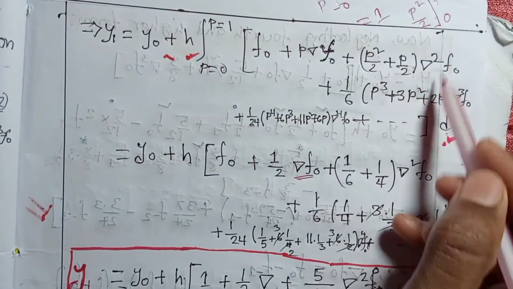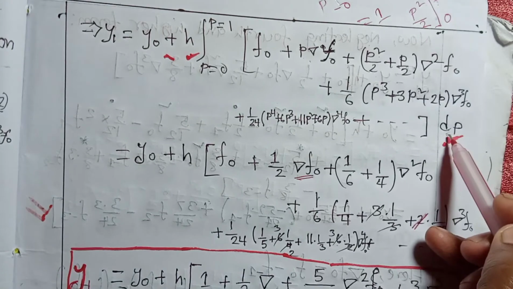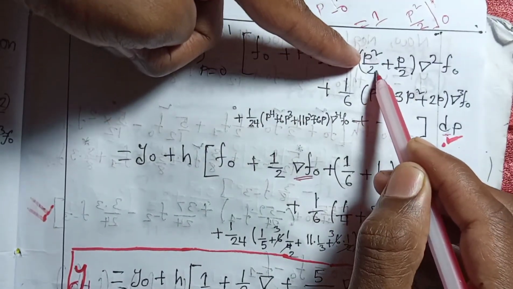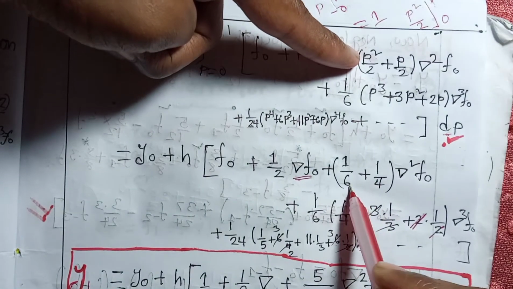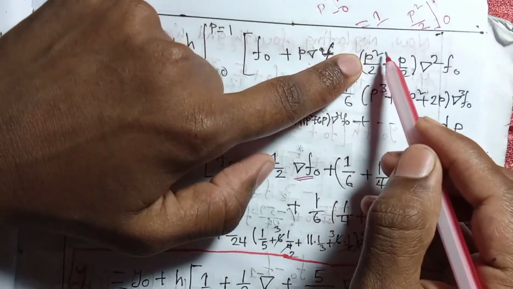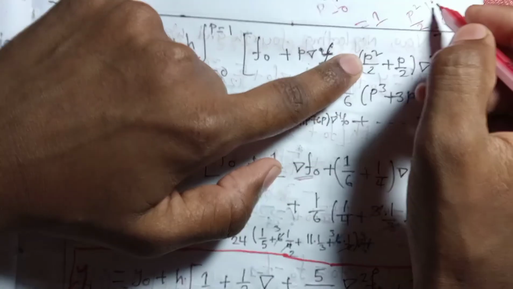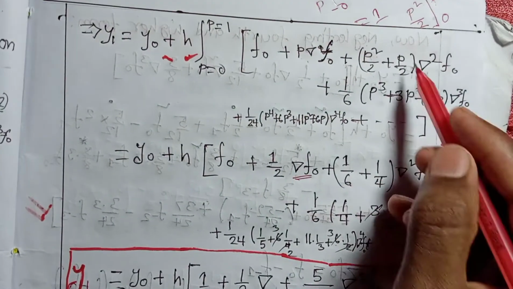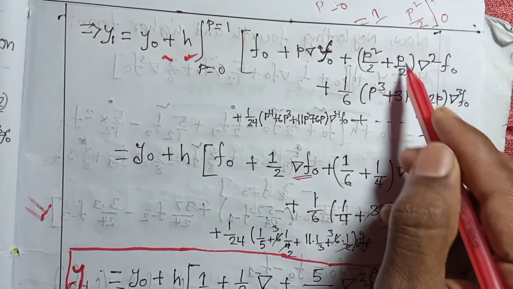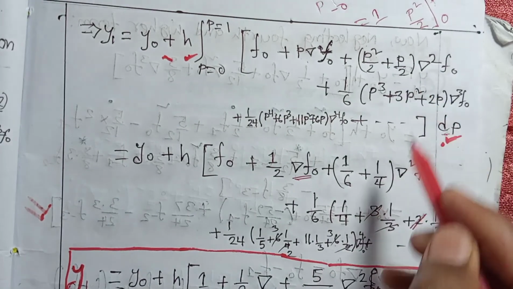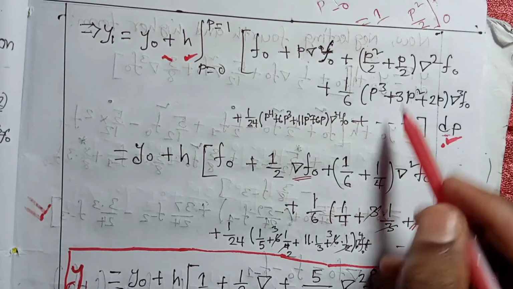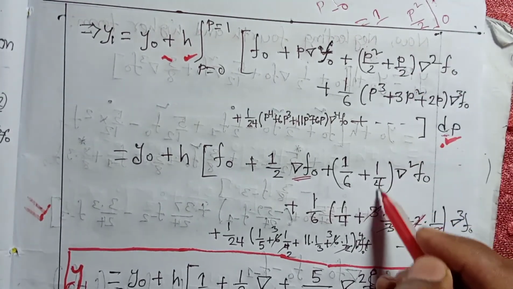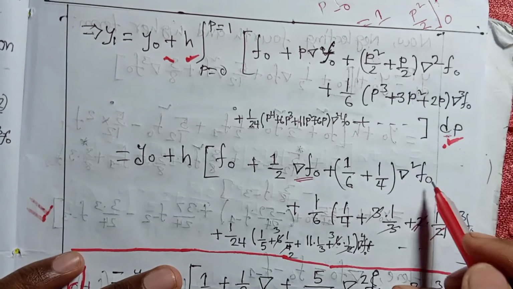For the next term, integrating gives p cubed upon 3 into 2, that is 6, and p squared divided by 2 into 2, that is 4, and we put the limit 1, giving 1/6 plus 1/4, nabla squared f0.